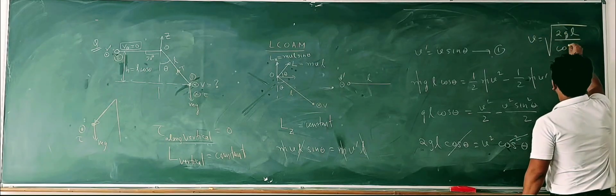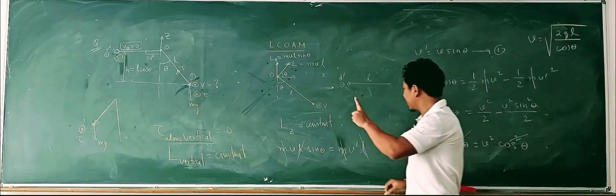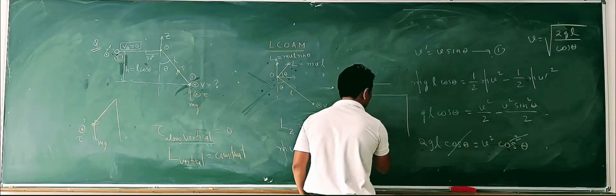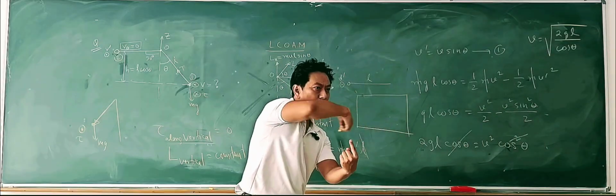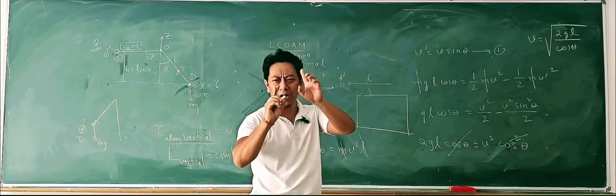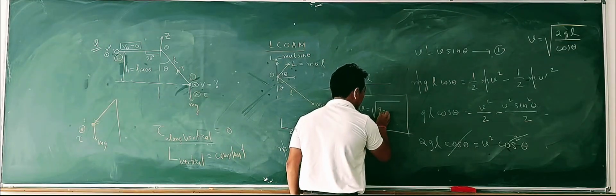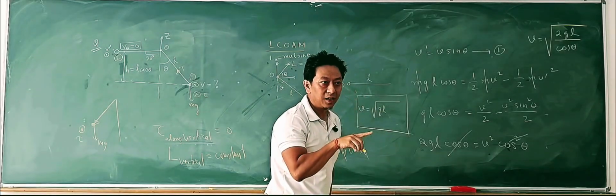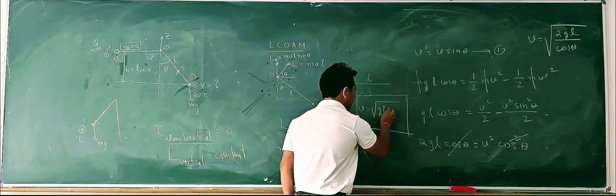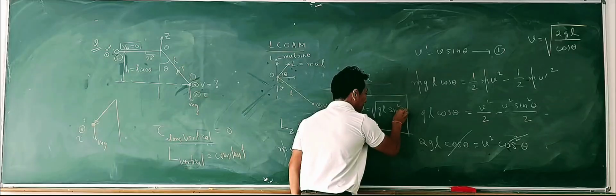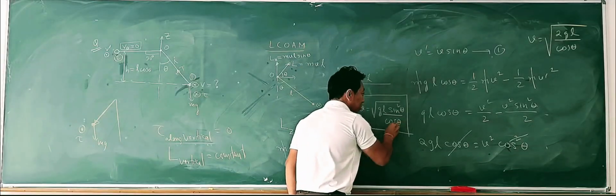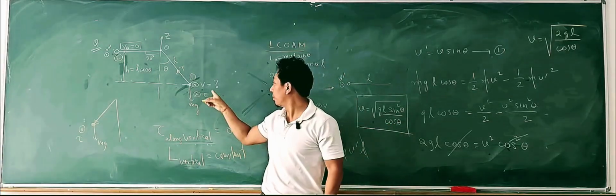2gL by cos theta. Students, can you remind me what was V naught to go in conical pendulum? What was the right speed I have to give at that angle? It was, I think, gL tan theta sin theta, which can be written as sin square theta by cos theta. So if this speed was given, it will not perform this way.